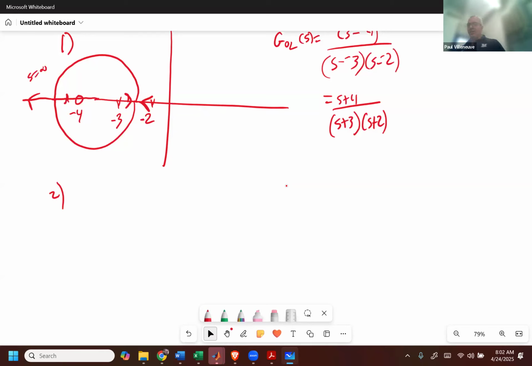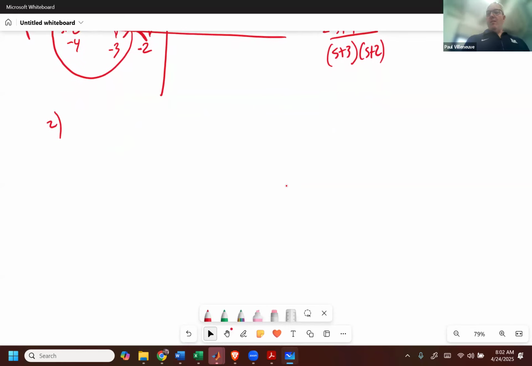Second problem, where you had to do at least the basics of a root locus. We have an open loop transfer function, s plus 4. Oops, sorry, I'm looking at the wrong problem. It's not s plus 4, it's s plus 10, all over s plus 7 times s plus 2 times s plus 1.